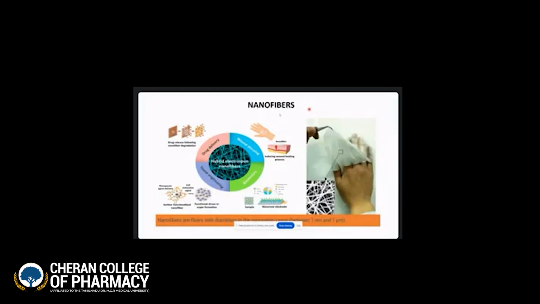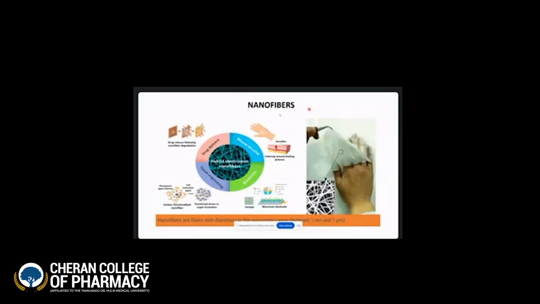We changed the voltage and checked again, and still didn't get any fiber. Then we changed the distance between the syringe and the collector region, and we obtained continuous jet-like, fibrous mat-like structures in the collector region. That's why I said optimization is very important in making nanofiber.